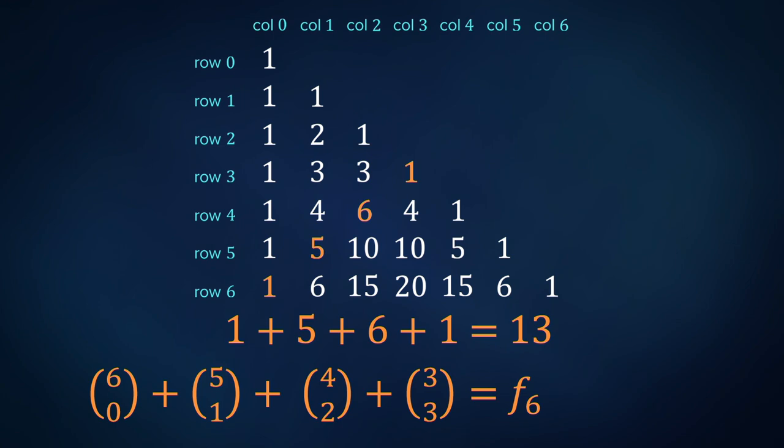Why should that be? Remember, little f6 counts the ways to tile a strip of length 6 using squares and dominoes. Let's break these tilings into 4 cases based on how many dominoes they have.